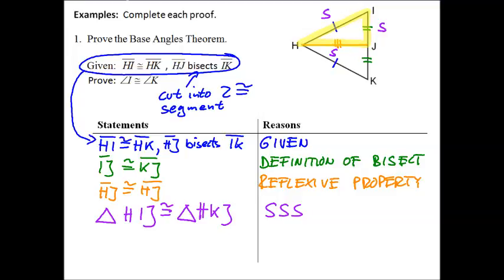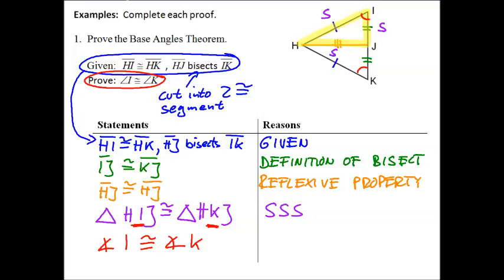But are we done? No, we were supposed to prove that angle I is congruent to angle K. Well, let's look where angle I and K are. Angle I is here in the middle of our first triangle. Angle K is in the middle of our second. So those two angles are corresponding angles. So we can say angle I is congruent to angle K. Angle I being this one, angle K being this one in our diagram.